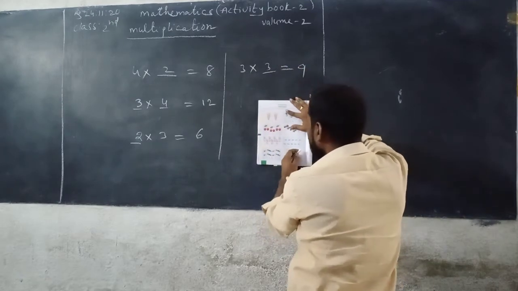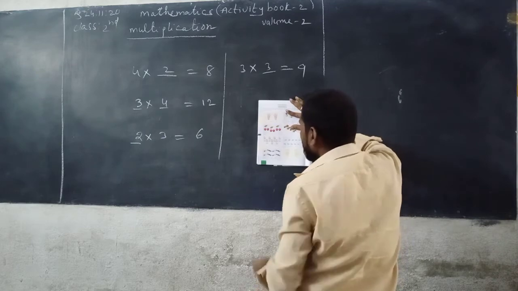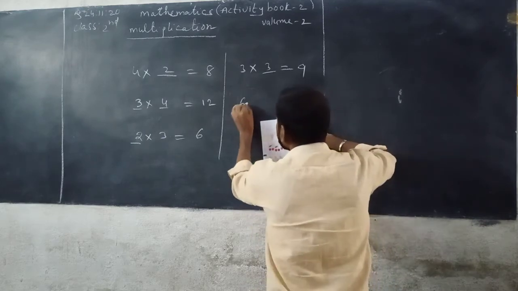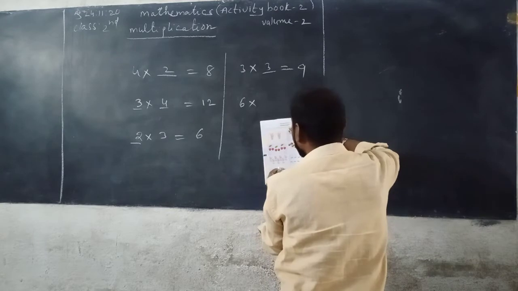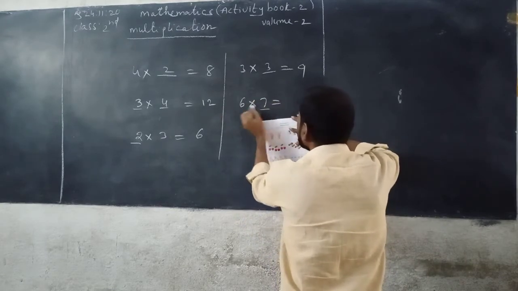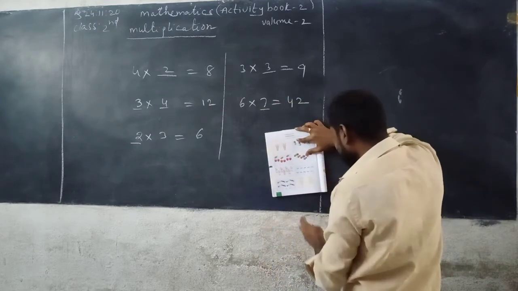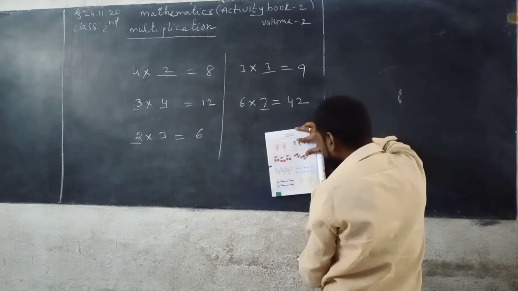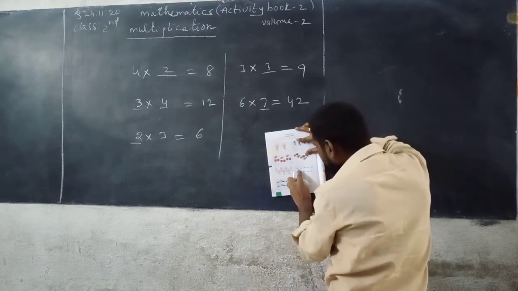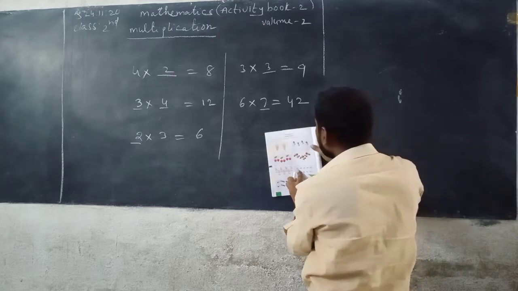Now next, pens. See here, in each packet how many pens are there? 6 pens. How many packets here? 7 packets. Means each packet repeated 7 times. So that is equal to 6 sevens are 42. Now next, in each group we have two small balls.